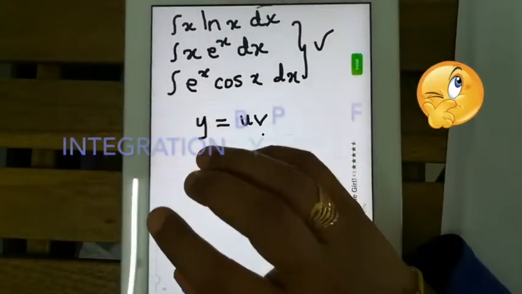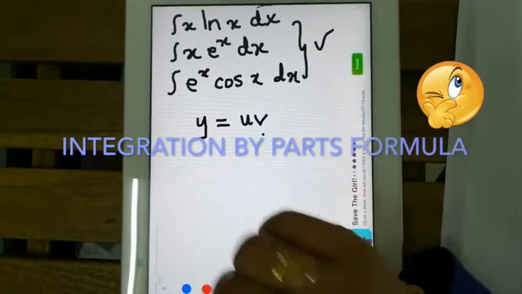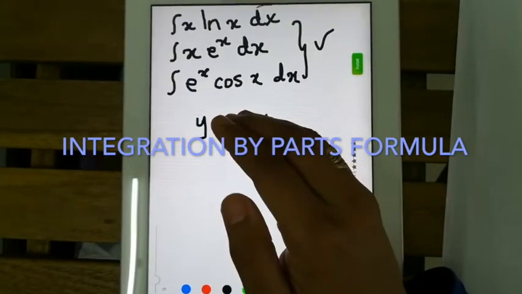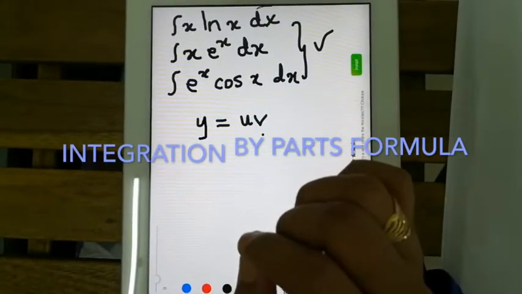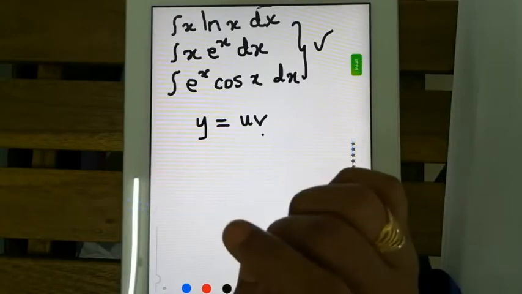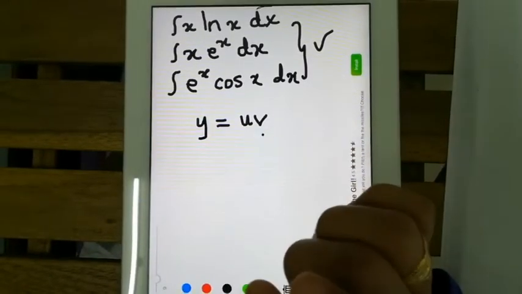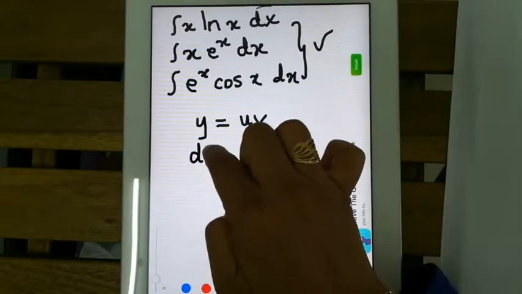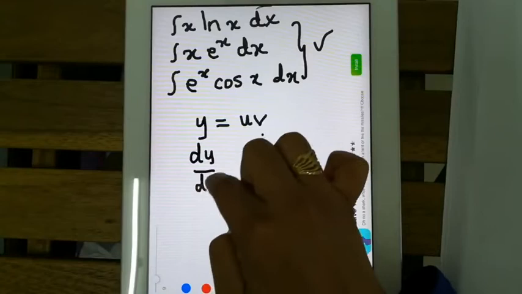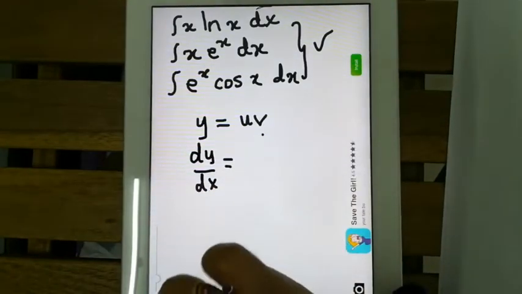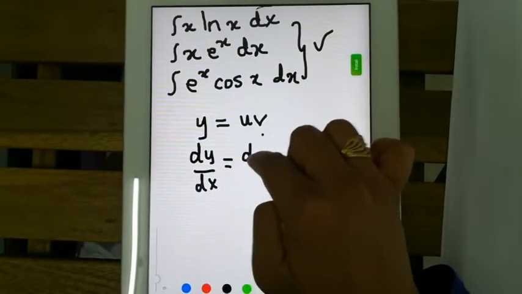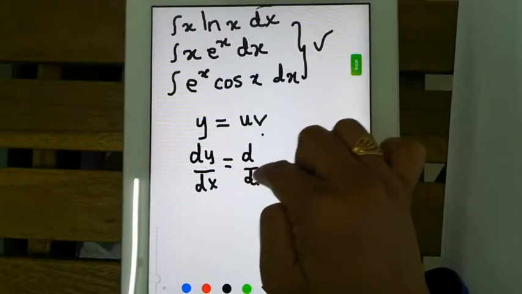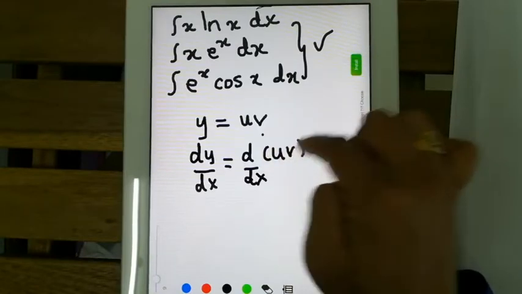How do we get the formula for integration by parts? If you still recall the previous differentiation technique, we try to do differentiation here, d over dx of uv.